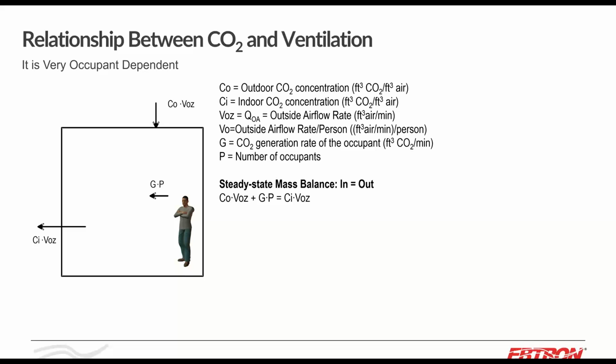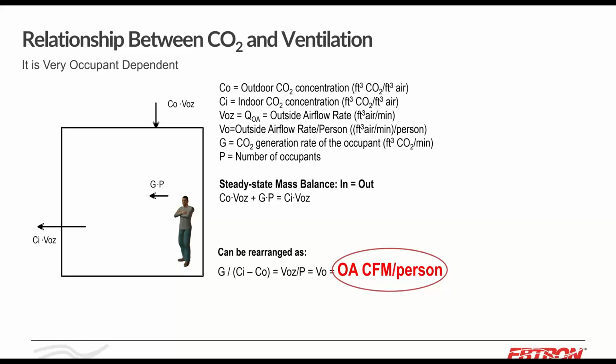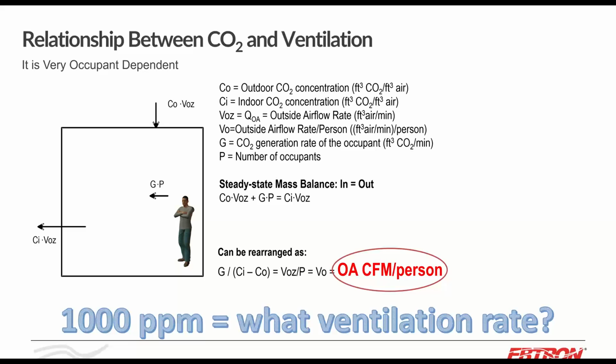You can't change the ventilation rate and not have an effect on CO2 unless you have something adding or removing CO2 that isn't people. And so by using an algebraic equation, you can actually determine what the outdoor airflow rate per person is. However, if someone says, hey, I have 1,000 ppm of CO2 in the space, you cannot know the ventilation rate unless you know some more about the equation, like the number of people, the generation rate, and so forth. So there's more that needs to be solved.